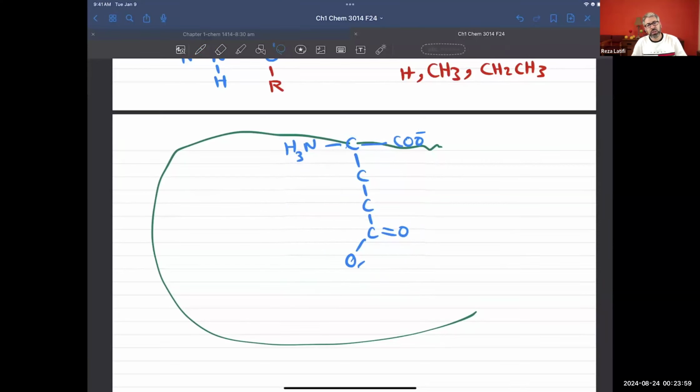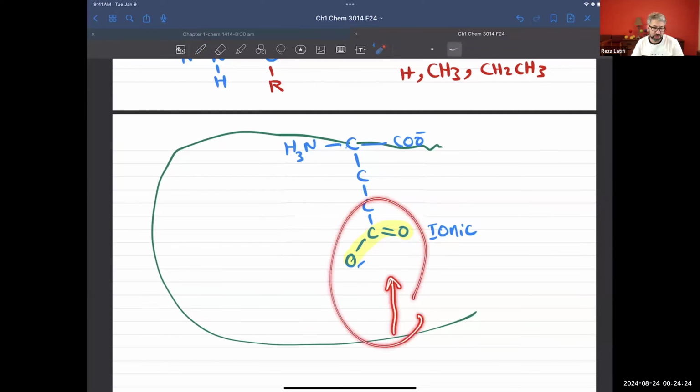Now this one is ionic, or it has a positive charge. And so in order to have any interaction with this piece, we need to have another one that is ionic here. If it's ionic, these two will interact, and it will twist.